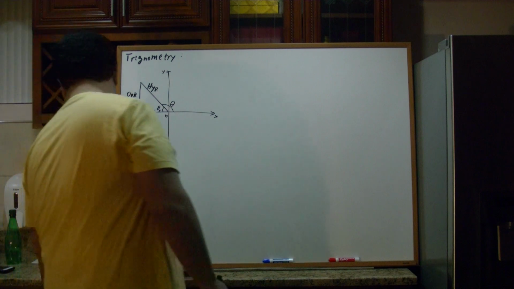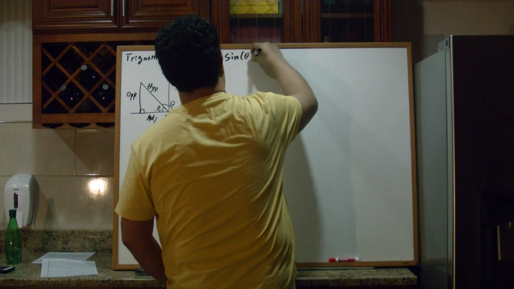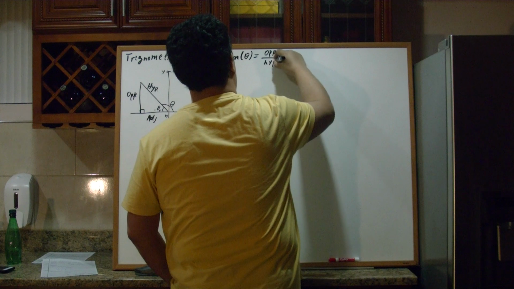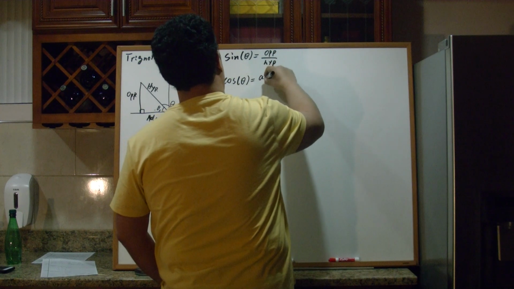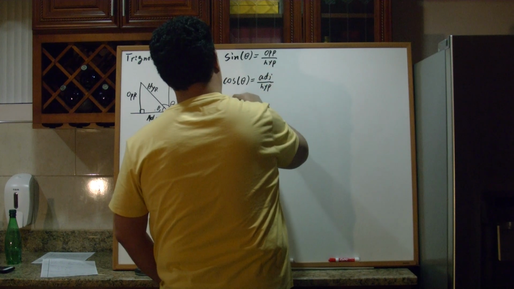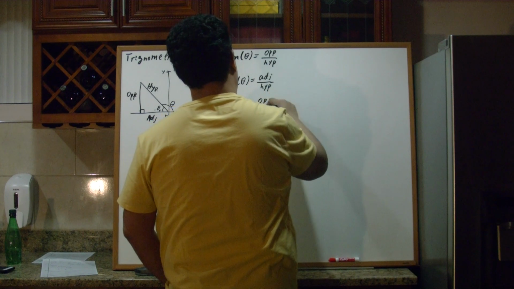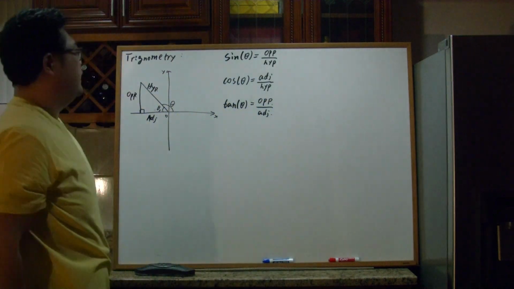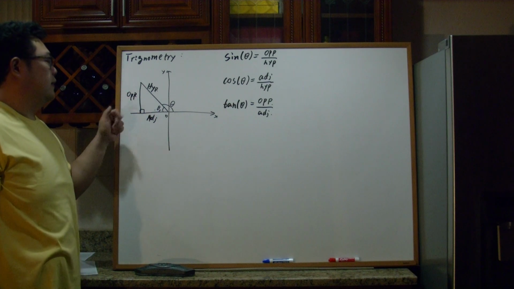So we define it this way: the sine of theta is opposite over hypotenuse, the cosine of theta is adjacent over hypotenuse, and tangent theta is opposite over adjacent.